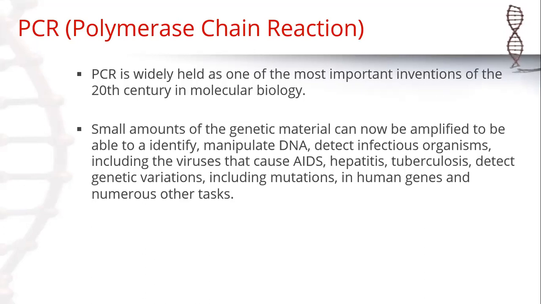By using PCR, we can amplify even small amounts of genetic material to identify and manipulate DNA, and we can also detect infectious organisms, including viruses that can cause multiple diseases including AIDS, hepatitis, and tuberculosis. We can also detect genetic variations, including mutations in human genes, and numerous other tasks. It is very important in molecular biology.